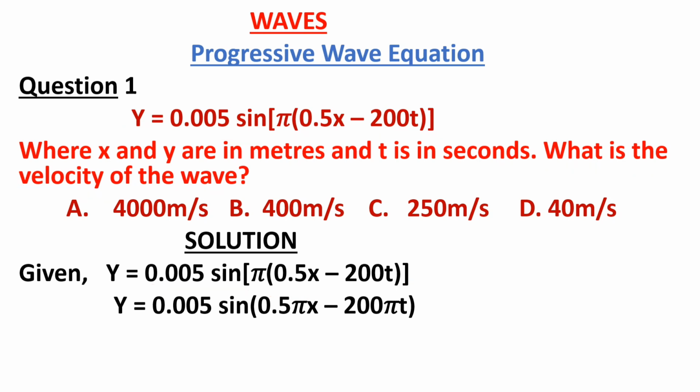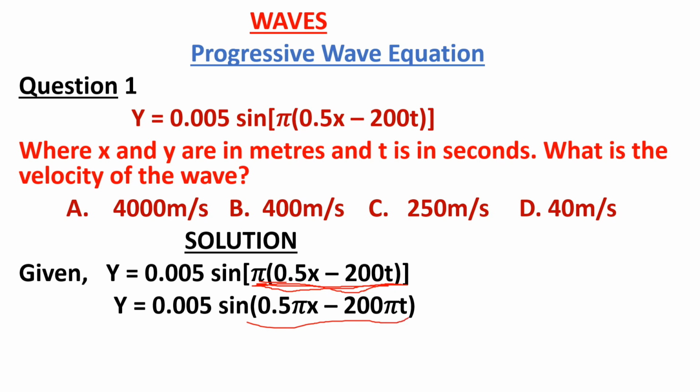So first thing I need to do is to use this pi that is here to multiply and open this bracket that is inside. So if I use this pi to multiply this, this is what I will have. You can see it now.